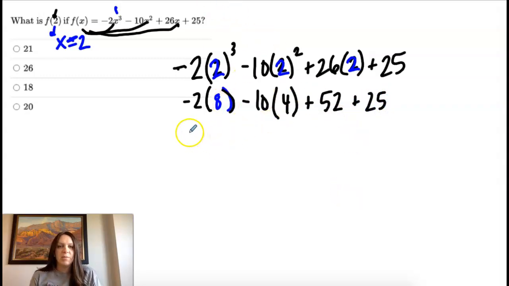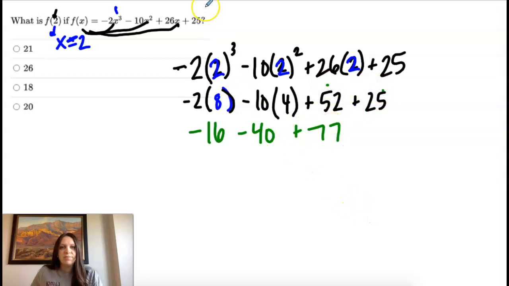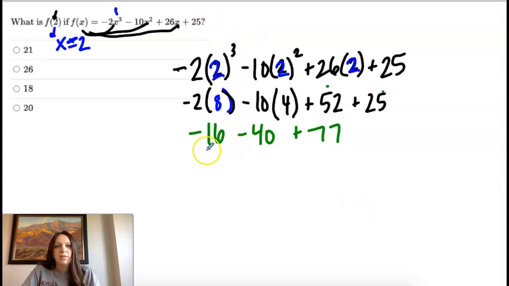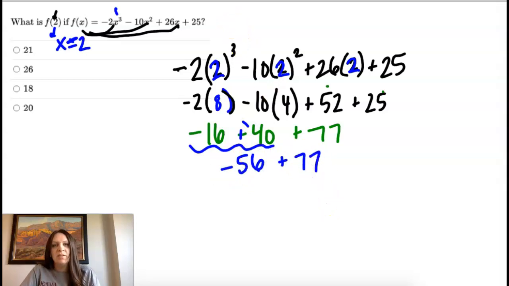And then I'm just going to keep going. Negative 16 minus 40 plus, and this becomes 77. Negative 16 minus 40, we can add those together, so they become negative 56 plus 77.